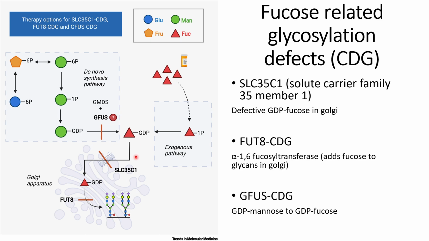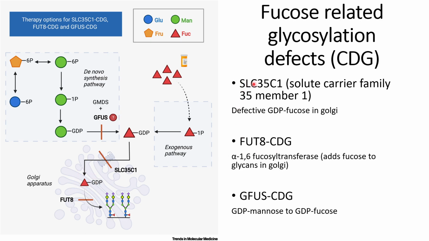modification in the Golgi. So this is one of the defects, and the next defect is FUT8 CDG. In this case, the enzyme is not functioning properly. What this alpha-1,6 fucosyltransferase does in the Golgi is help in the addition of fucose to glycans.